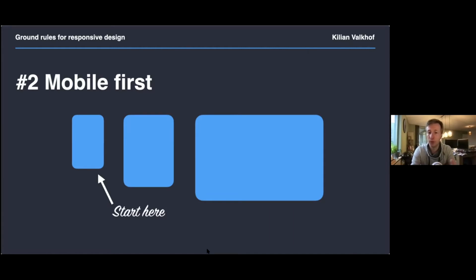But mobile first is better and easier because mobile layouts are easier. On mobile, things fall into just a single column, which is what HTML naturally does anyway. So if you write an HTML page and have no styling whatsoever, it will be perfectly responsive and it will be a single column.